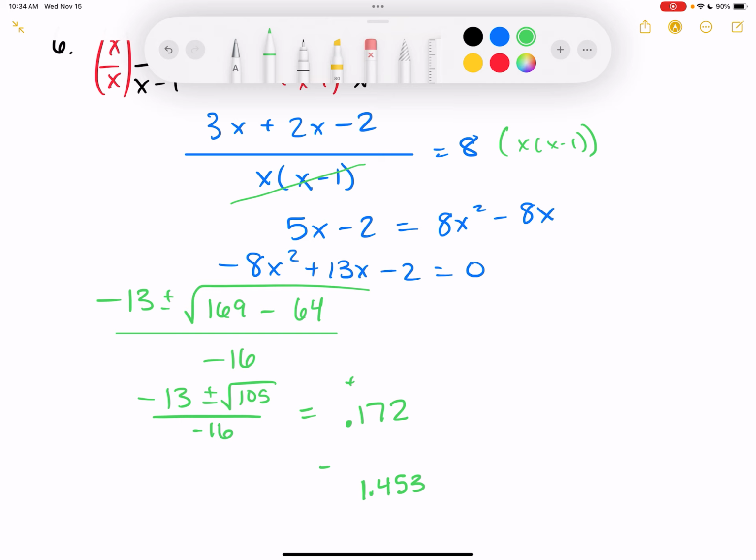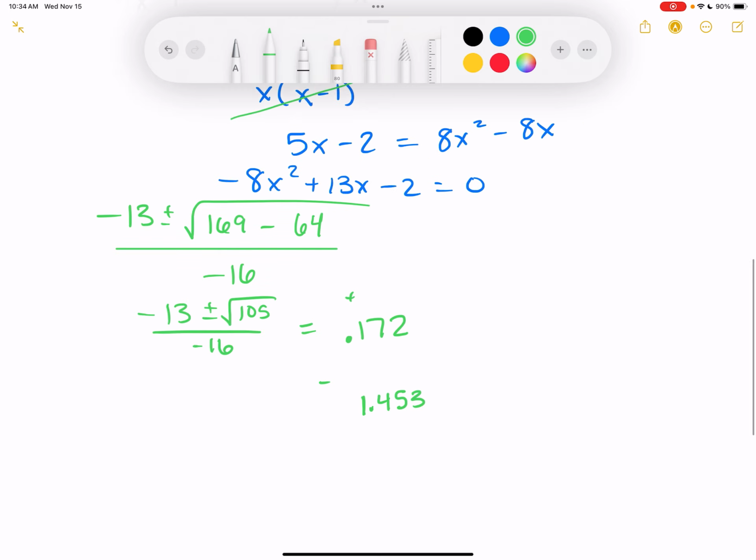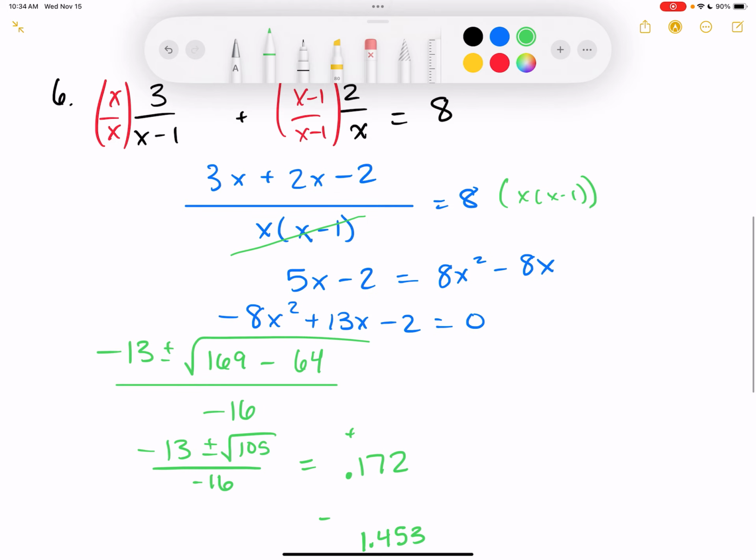So to check this, we've got 3 divided by 0.172 minus 1 plus 2 divided by 0.172 equals 8.